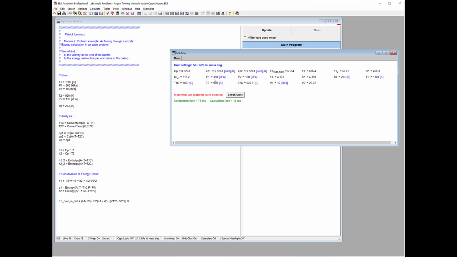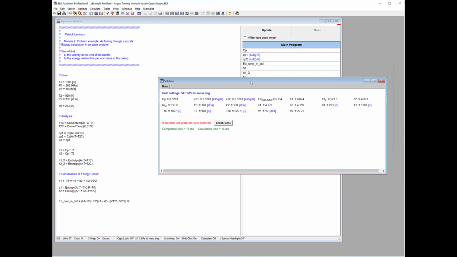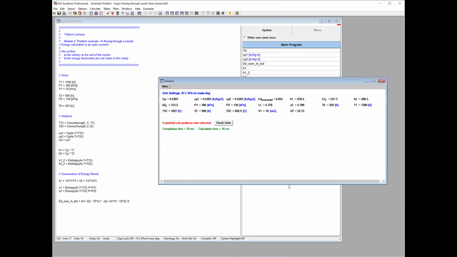Let's just keep going. Pressure 1, this is the stuff I was given. Pressure 2, this is the entropy lookup. I really got to put my units there to feel better. And everything else. And looks like the flow is accelerating from 10 meters per second to 22.7 meters per second. I really think you're going to have a nozzle that's going to accelerate the flow by a factor of 2 only. It seems like a pretty worthy nozzle to me.